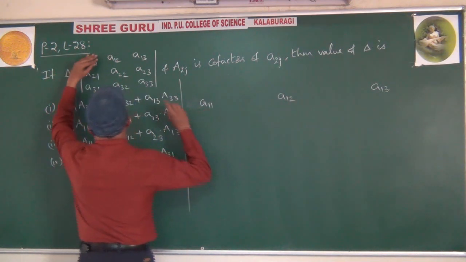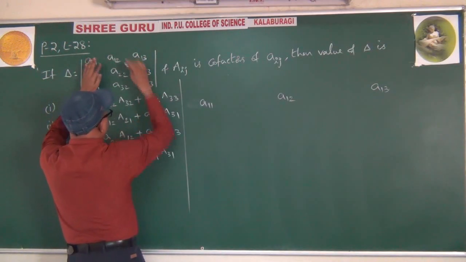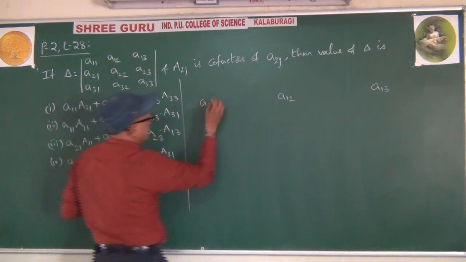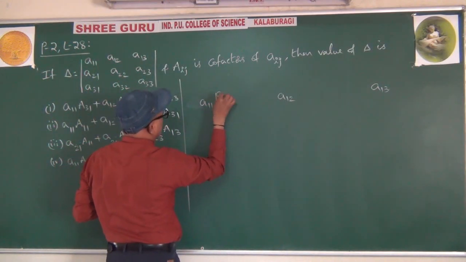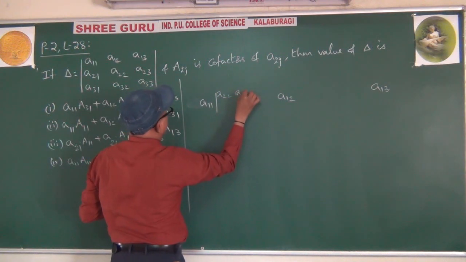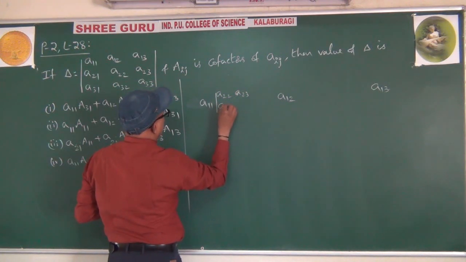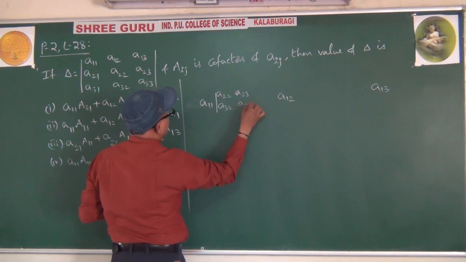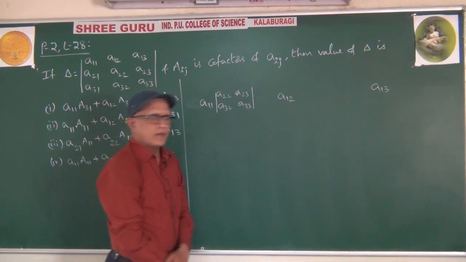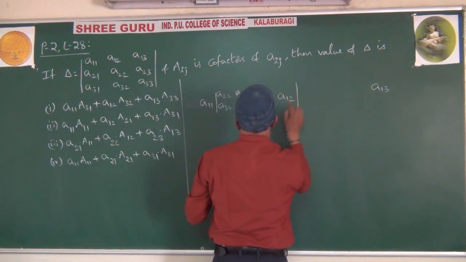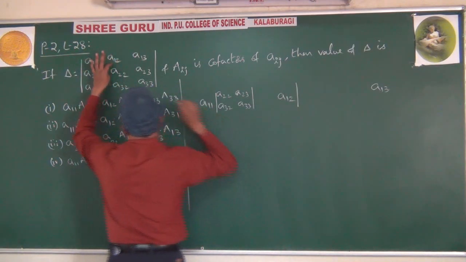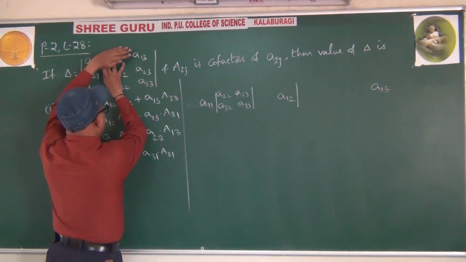A11, where is A11? First row, first column. Remove it. For the remaining part, the determinant of A22, A23, A32, A33. Next, A12, where is A12? Second column, first row. Remove it.